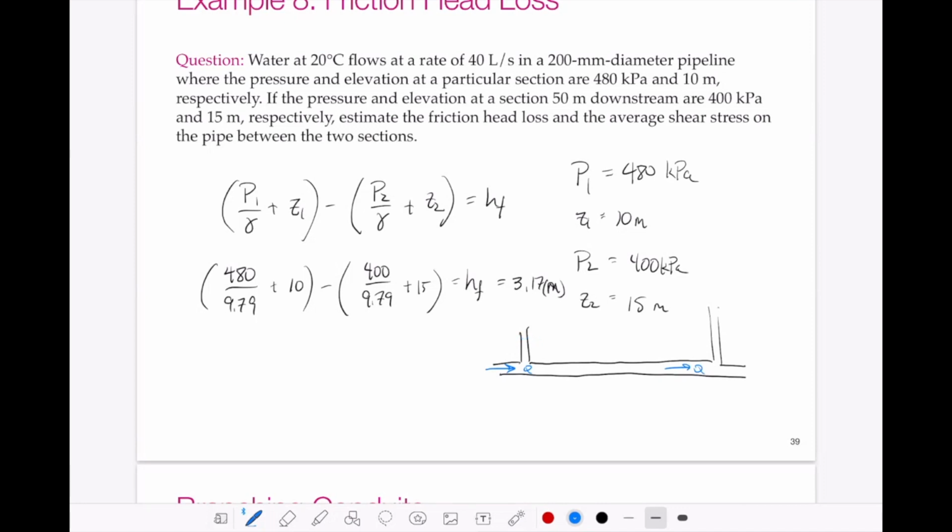Let's draw this a little better. So that'll be our pressure head at point 1. And then sometime later, our pressure head would decrease.